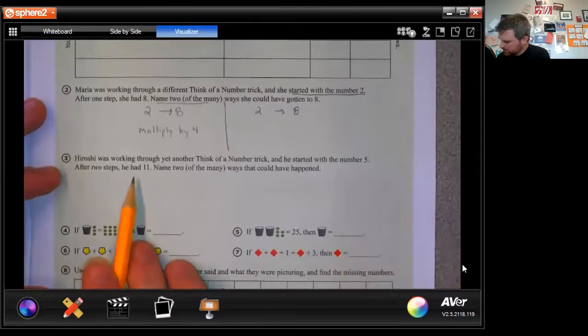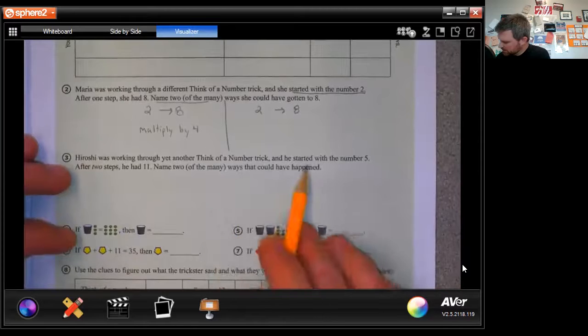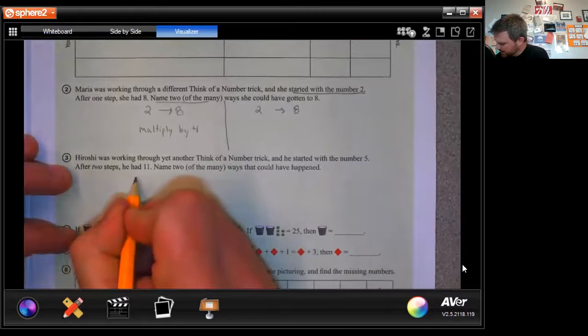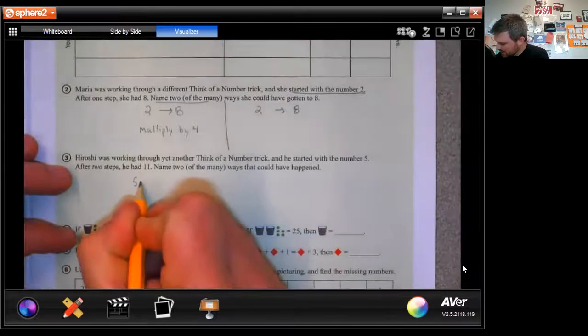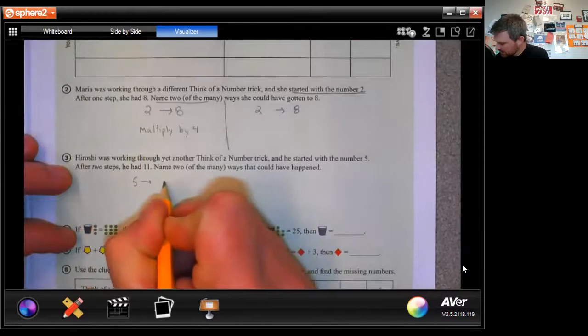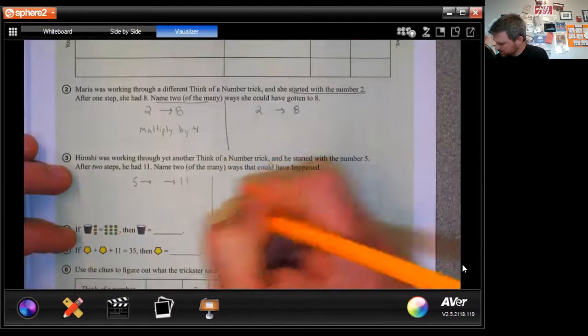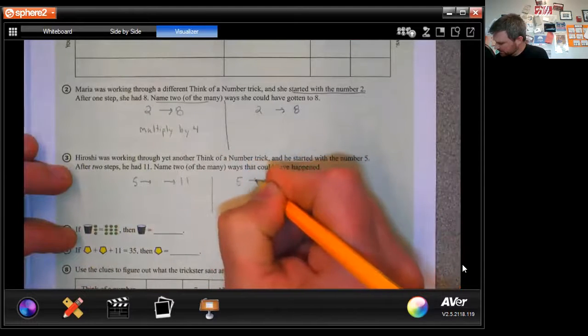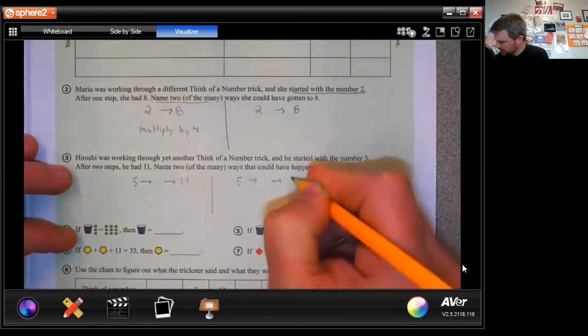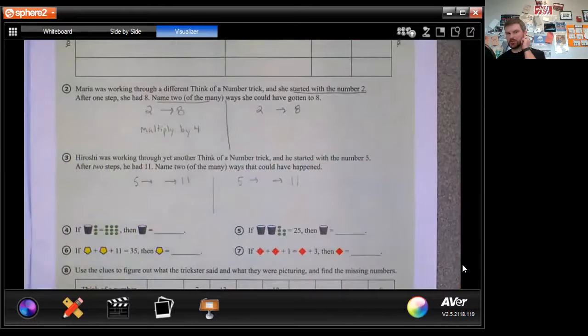In this problem, another puzzle started with the number 5, and after 2 steps had 11. So you started at 5, went somewhere again, and ended at 11.